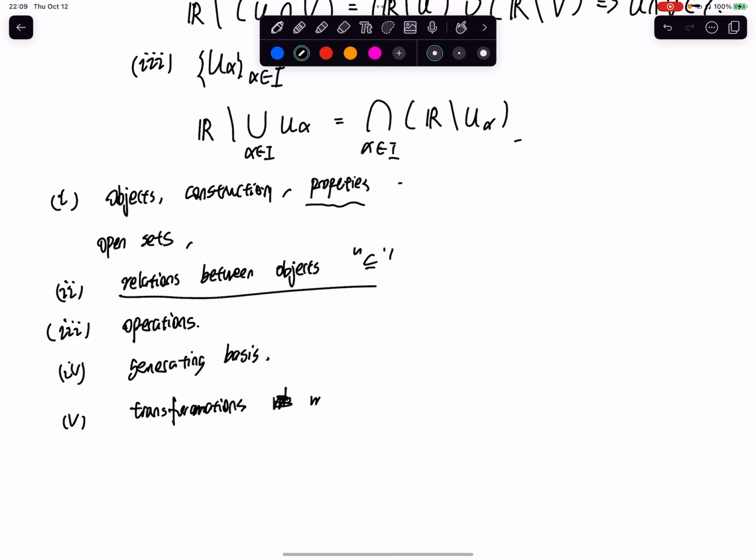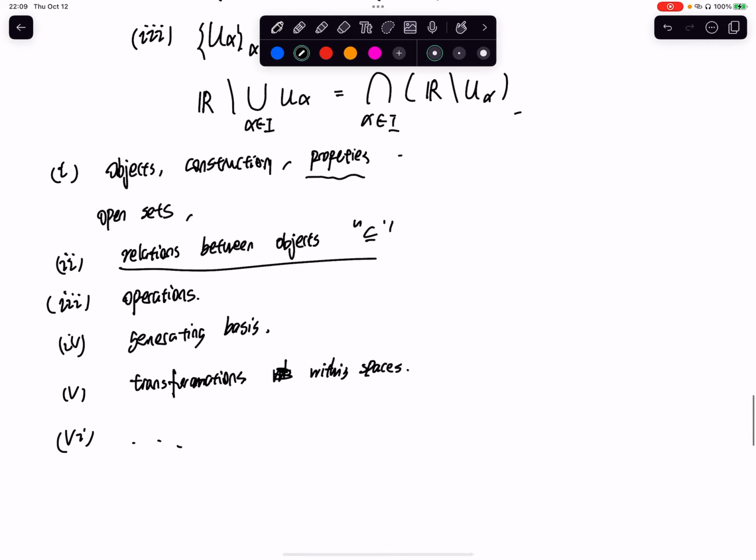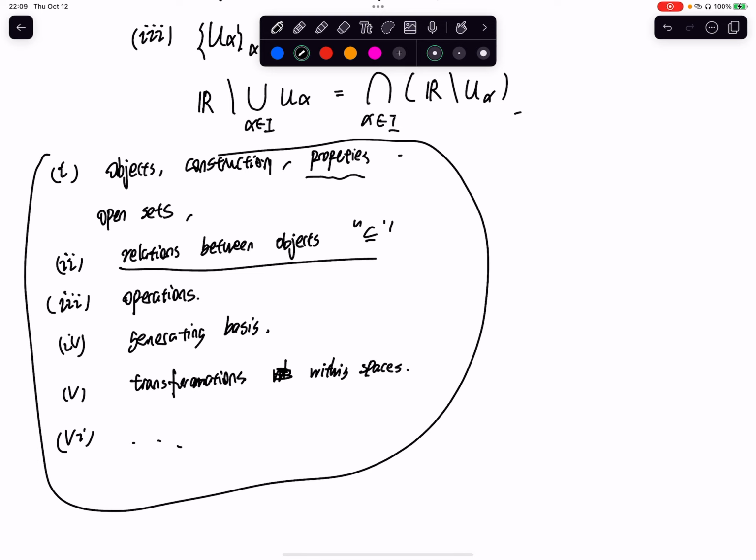Sorry, it's within spaces. Sorry for the typo. And 6, we may be concerned with some key features or some underlying properties. But anyway, this might be too loosely speaking, but I think this perhaps offers some insights for our studying of topology.